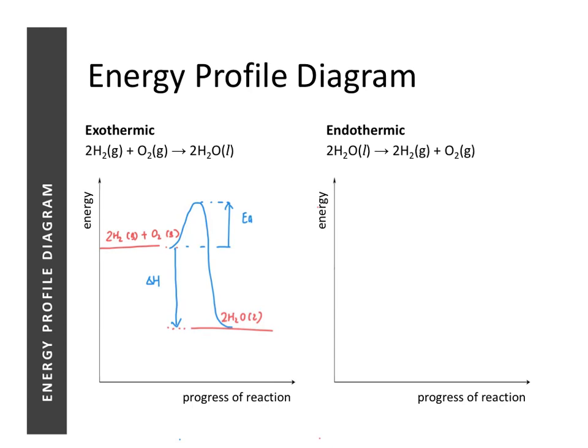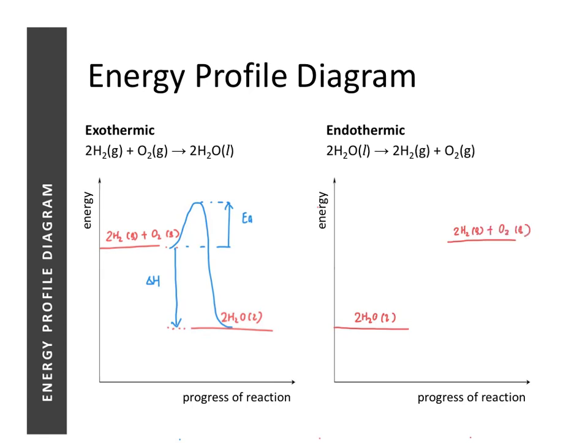Now let's try to construct the energy profile diagram for the opposite reaction, where we convert water into hydrogen and oxygen gas. Now the reactants will be your water, which is at this particular energy level, and your products would be your hydrogen and oxygen, which is at this particular energy level.